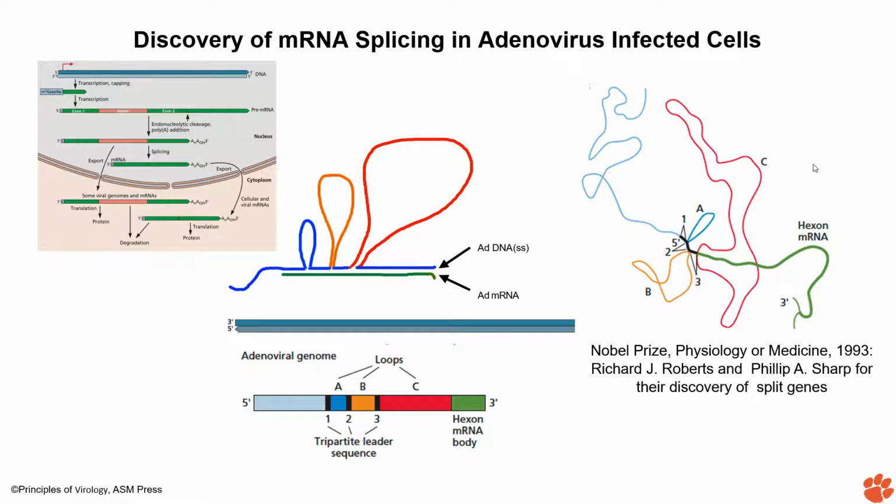What they saw is that there are these huge loops of the DNAs which are coming out. And right here, you can see the other part. This is the tangling part of the DNA. Of course, this is not the electron microscopic image; this is the colored version of that. And they saw that this part is the mRNA.